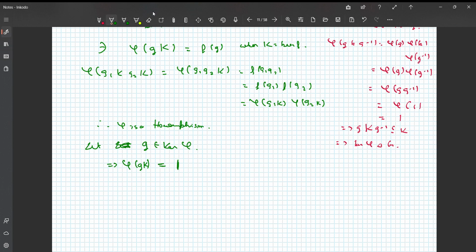So we can think of it like this. So what is basically kernel of phi? So kernel of phi is set of those elements GK. Okay, let me omit this part of the proof.